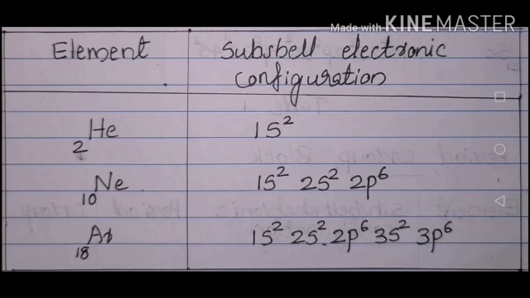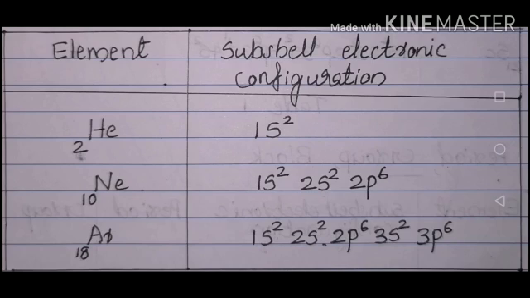The subshell electronic configuration of helium is 1s2. Neon is 1s2, 2s2, 2p6. Argon is 1s2, 2s2, 2p6, 3s2, 3p6. In this chapter, we have to study only about the elements of atomic number 1 to 30.